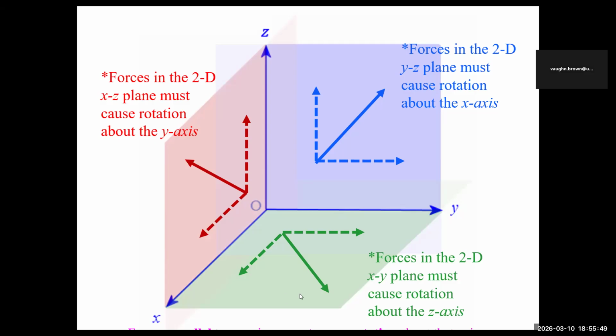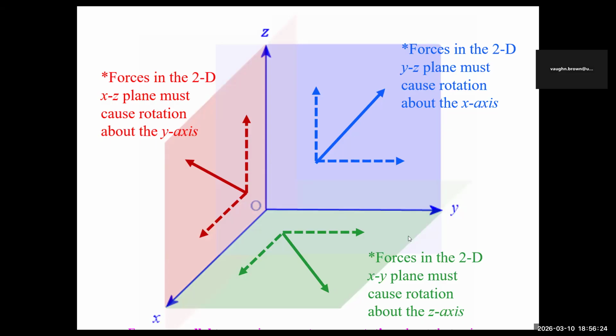And similarly, if you have your moment arm in this plane, which is your XY plane, then you know that your rotation must take place about your Z axis. So what we're saying is, the axis that is perpendicular to the plane of your force times distance is where you will have your rotation taking place. So a force parallel to an axis cannot cause rotation about that axis, right?